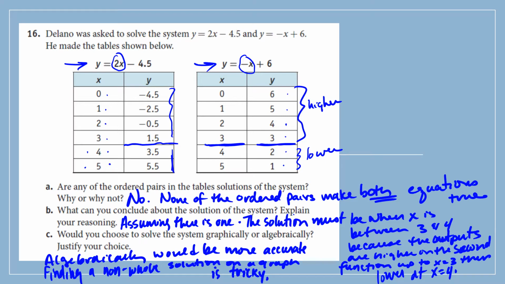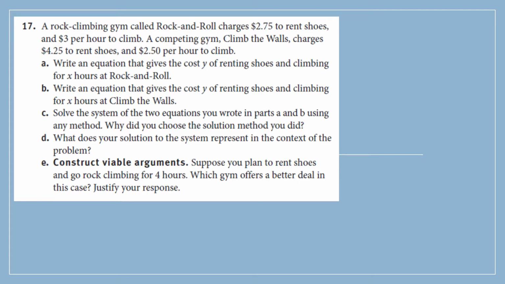Alright, so a rock climbing gym called Rock and Roll charges $2.75 to rent shoes and $3 an hour to climb. A competing gym, Climb the Walls, charges $4.25 to rent shoes and $2.50 per hour to climb.